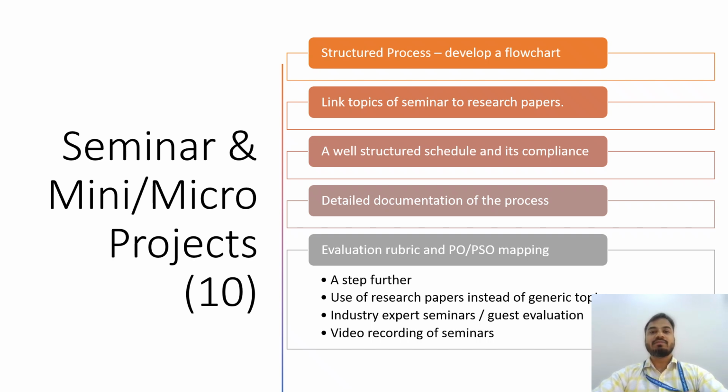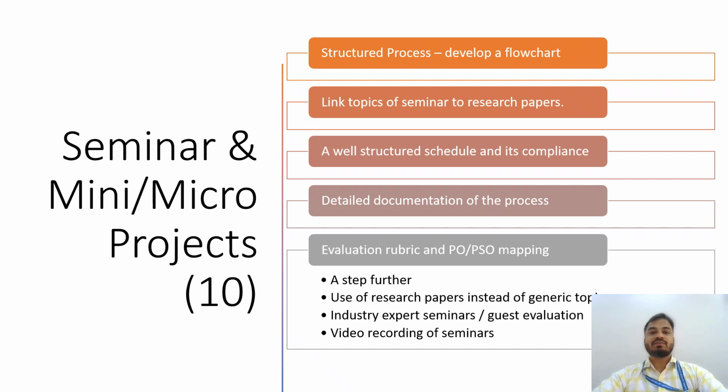All these can be categorized either course-wise, or as a separate course for mini and micro projects, or you can also use this as one of the AAT tools for certain courses well defined in a semester. All these will fall in the category of your 10 marks for seminar and mini and micro projects.